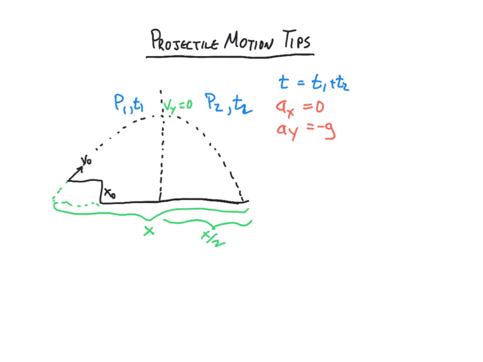And one quick thing to note: anytime you're working on a quiz or an exam, it should say so on there, but for the most part, you can use g as 10 meters per second squared. We're just rounding the 9.8 meters per second squared that you need to use on your homework for the book. If we only have one significant digit, then this becomes 10 meters per second squared, and for quizzes and homework problems, it's just a lot easier to work with.